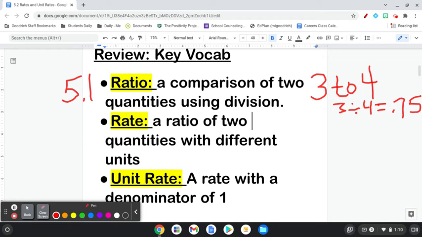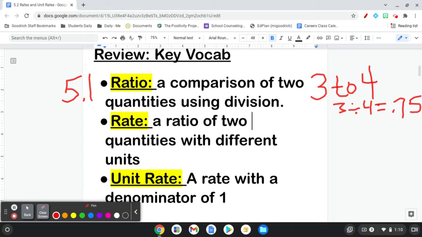Today we're going to talk about rates. Rates are using the ratios, but now we have different units. So we're talking about miles and hours, or cost and pound. So it's really some real world examples. And unit rate is a rate with a denominator of 1.